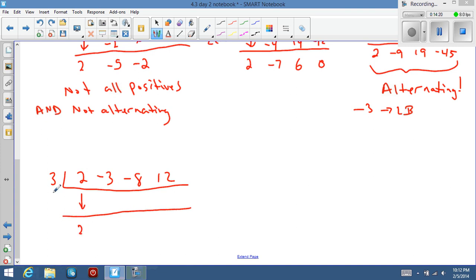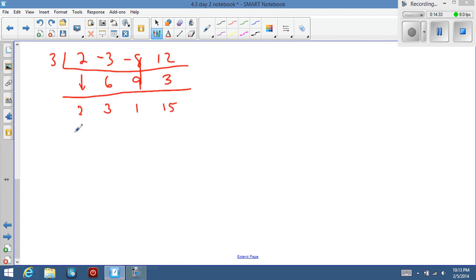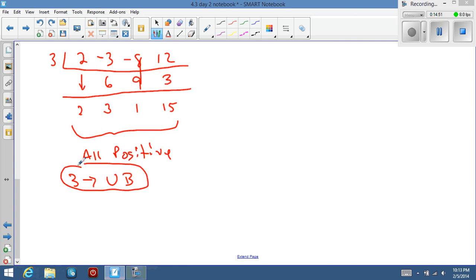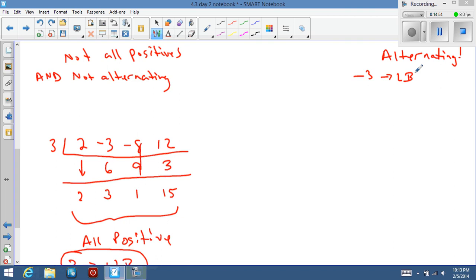I'm going to bring down the 2. I multiply, I get 6. Add, I get 3. 3 times 3 is 9. I add, I get 1. 3 times 1 is 3. And I get 15. Hey, look at that. So I got all positives, which means this is my upper bound, UB. So now I have found my upper bound and my lower bound. 3 is my upper bound, and -3 is my lower bound.